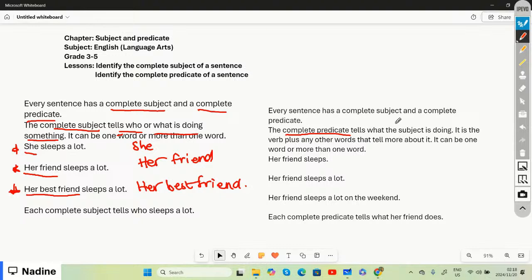A completed predicate tells us what the subject is doing. The completed predicate tells us what the subject is doing.